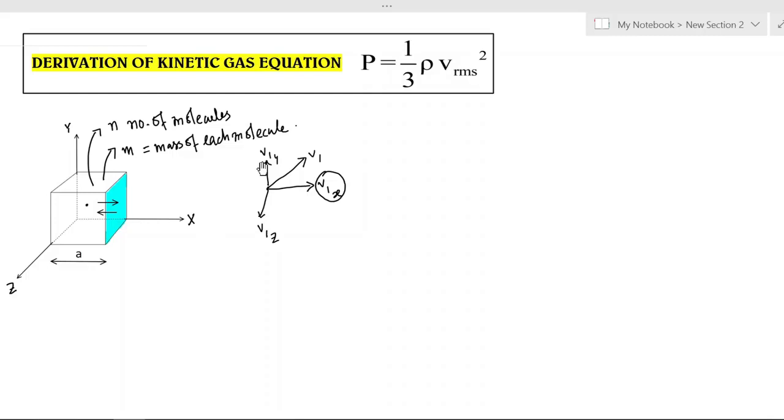Elastic collision you might have already studied in the chapter work, energy and power. In an elastic collision, kinetic energy remains conserved. There is actually no loss of kinetic energy. So the velocity is just going to reverse direction from the positive x direction into the negative x direction. So the sign will change from plus to minus. v1x will change into minus v1x. Keep it in mind.